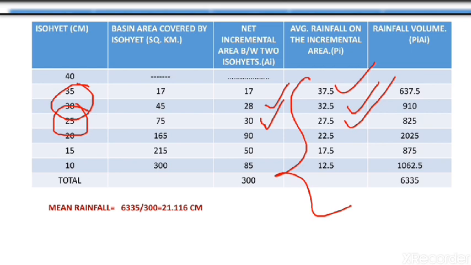And so on. In the last column, I have found the rainfall volume, that is Pi into Ai, precipitation or rainfall into corresponding area.